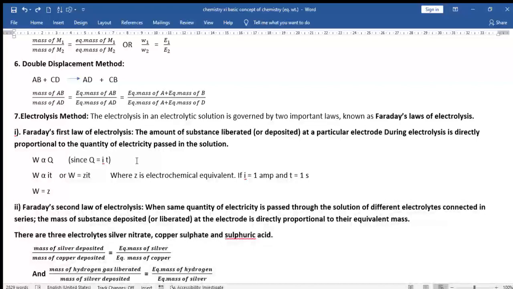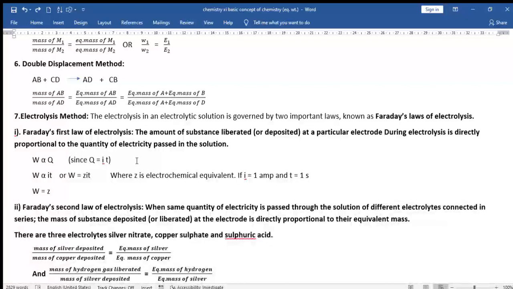And one more thing: if a compound is formed from radicals, its equivalent mass is equal to the sum of the equivalent masses of its constituent radicals.